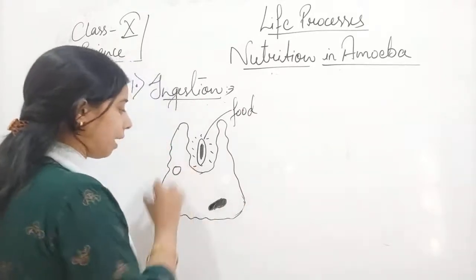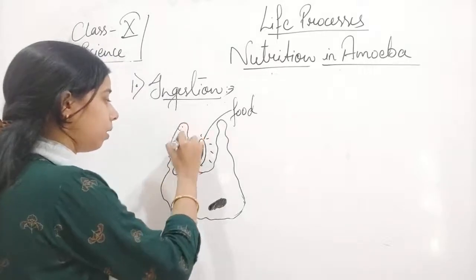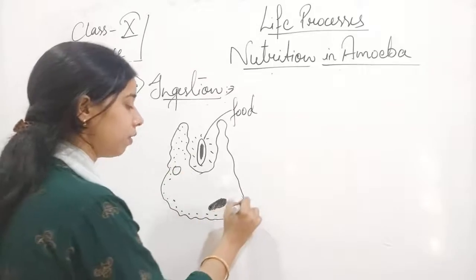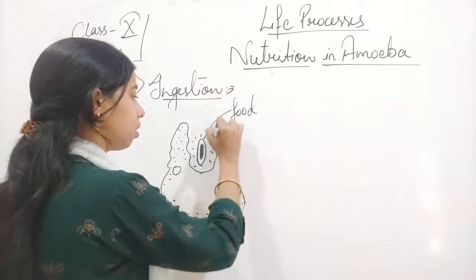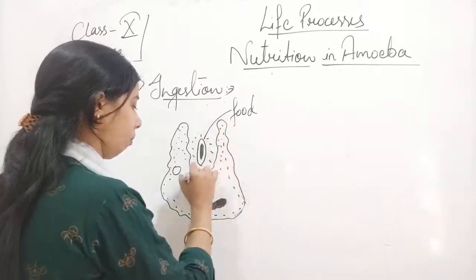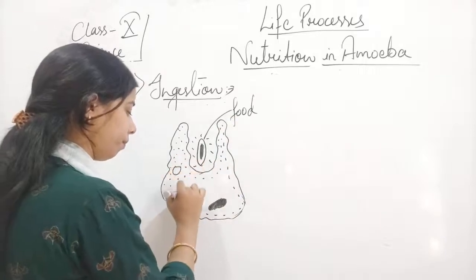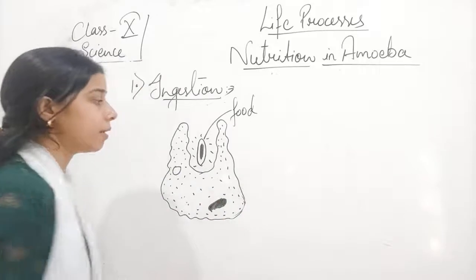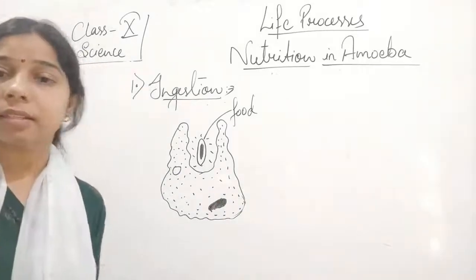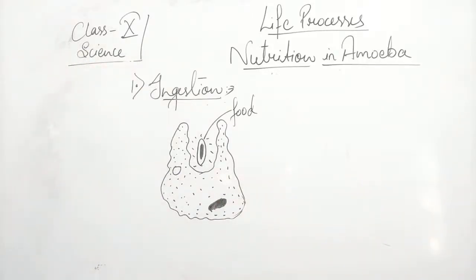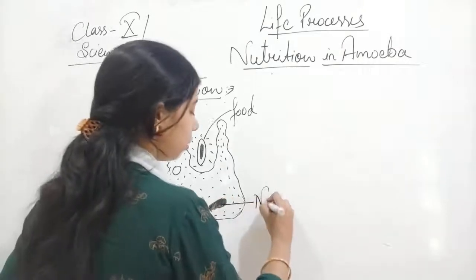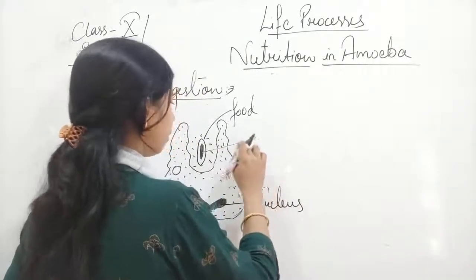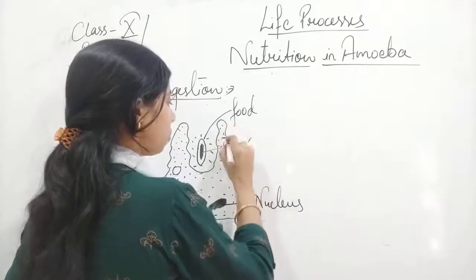There is a vacuole present, and then cytoplasm present around it. So this is the nucleus, and this is the food particle, as I already told.